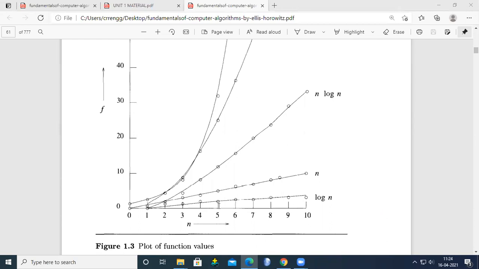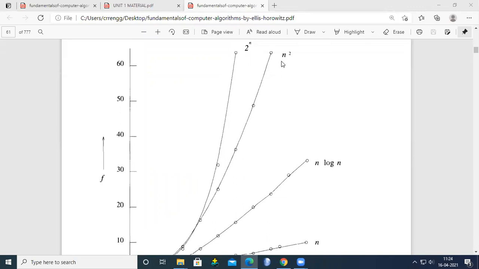See the growth rate of each function with the change in the value of n. Suppose the value of n is 8. log n grows slowly. n grows more than log n. n log n has a growth rate more than n. When you consider n square, it is greater than n log n.